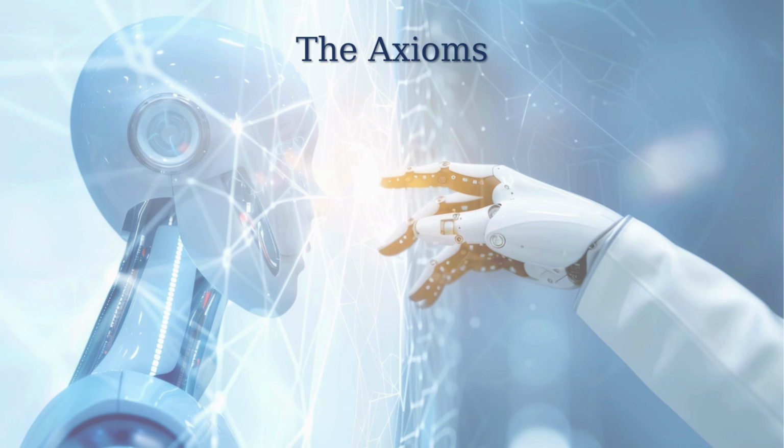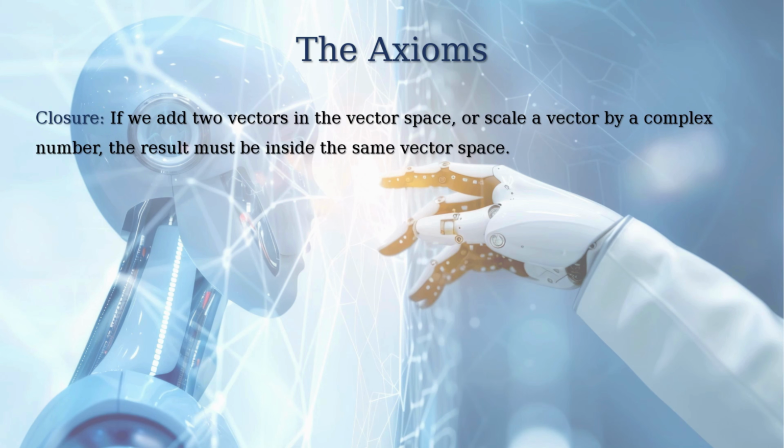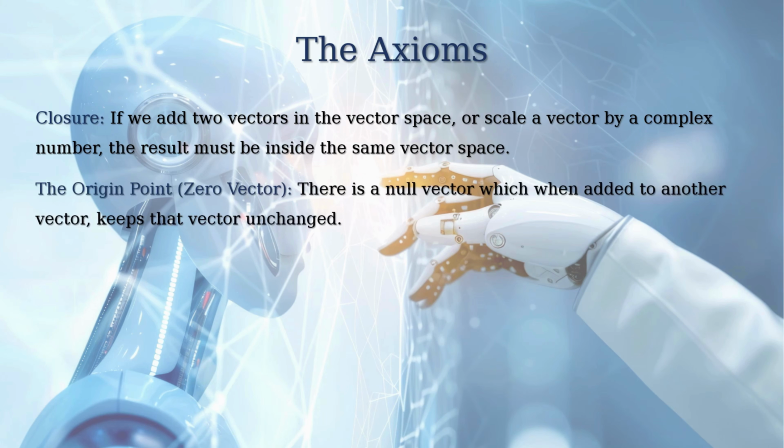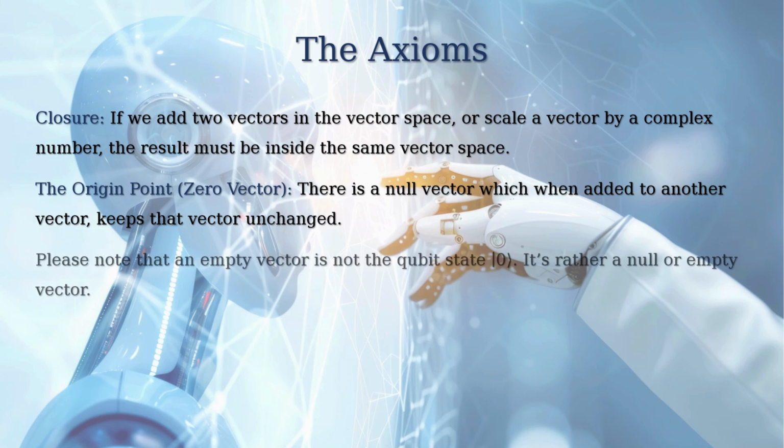So, let's look at the axioms. Closure. If we add two vectors in the vector space or scale a vector by a complex number, the result must be inside the same vector space. There is a null vector which, when added to another vector, keeps that vector unchanged.